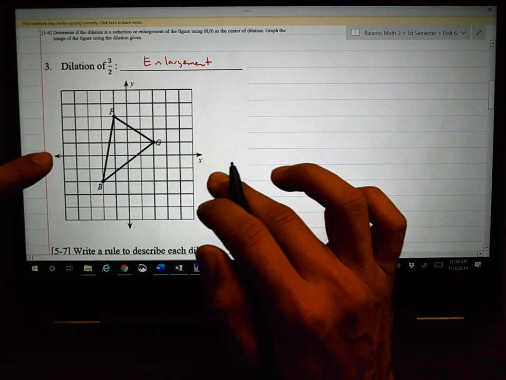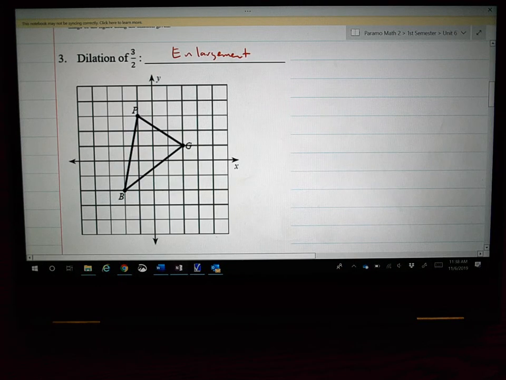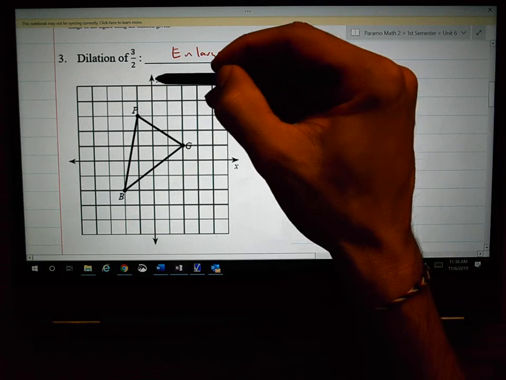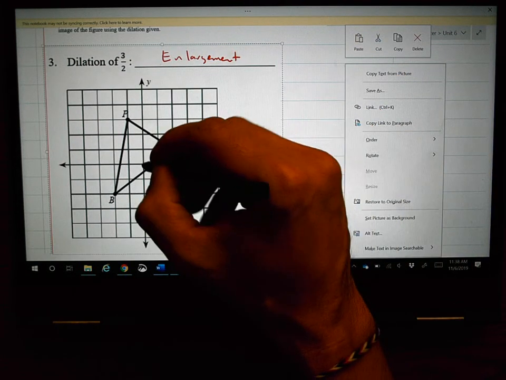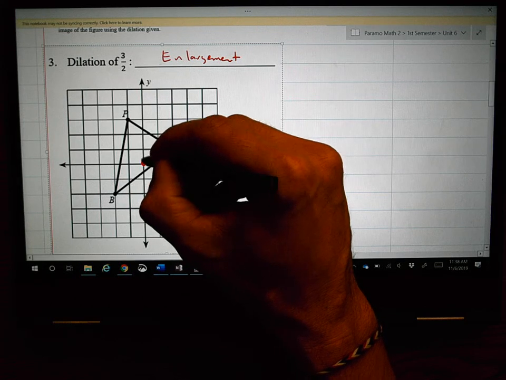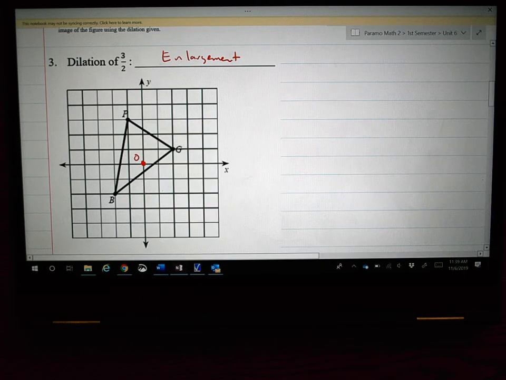Then we have to graph the image. So this is the hardest part, is that there's going to be decimals. I'm going to recommend you look where this Y is, go follow it down until you find the X and where they cross, and put a dot where the origin is. Where is 0, 0?